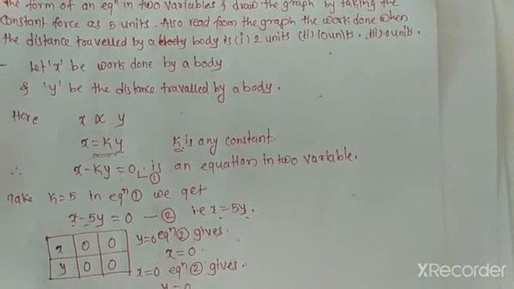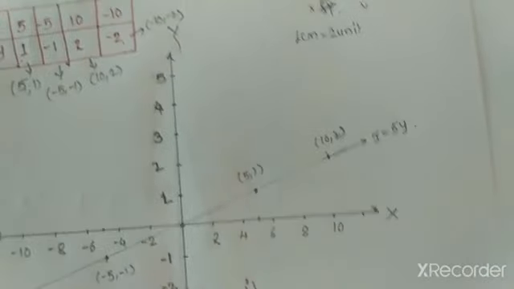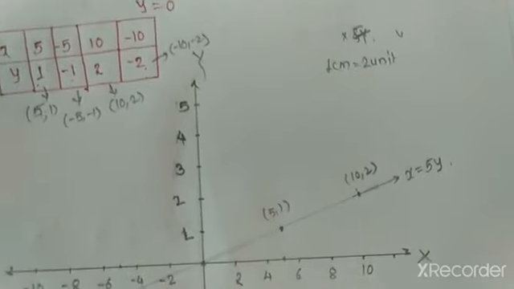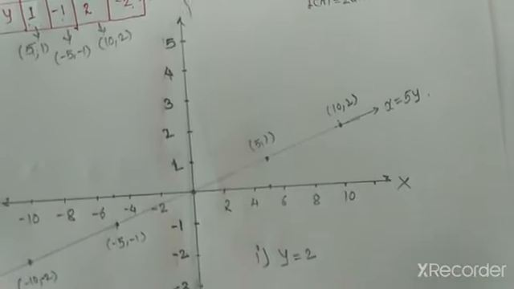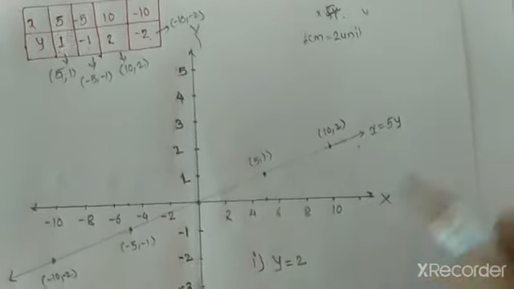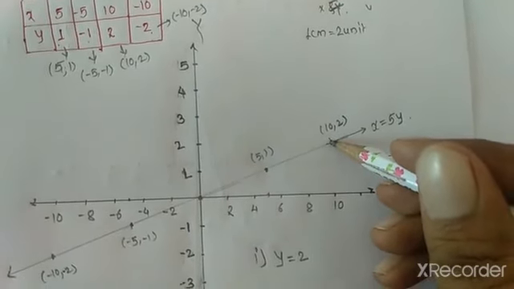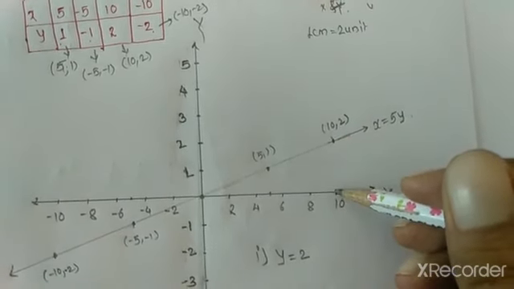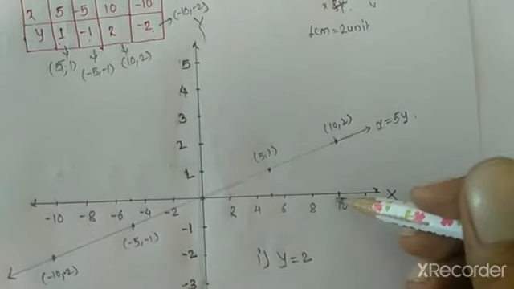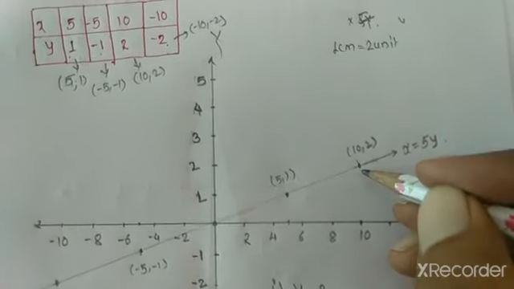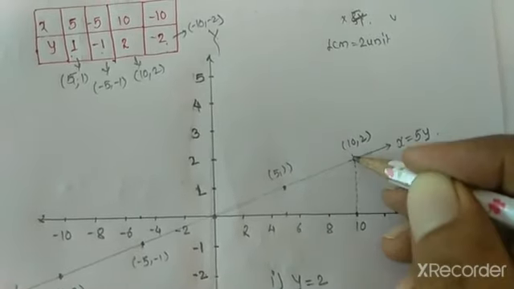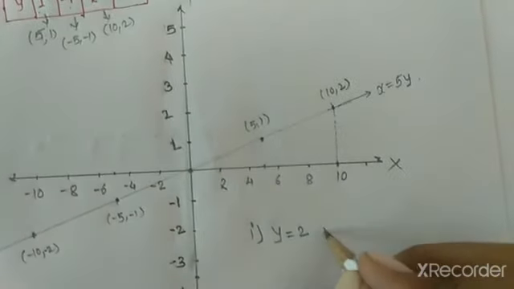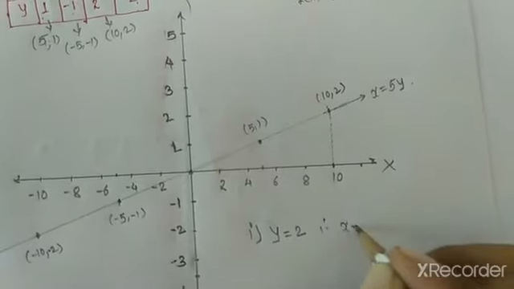That means we are given the y coordinate as 2, so y is equal to 2. When the value of y is 2, we have to check the value of x. When you see this, the value of x is 10. So the value of x at y is equal to 2 is 10. Therefore x will be equal to 10.